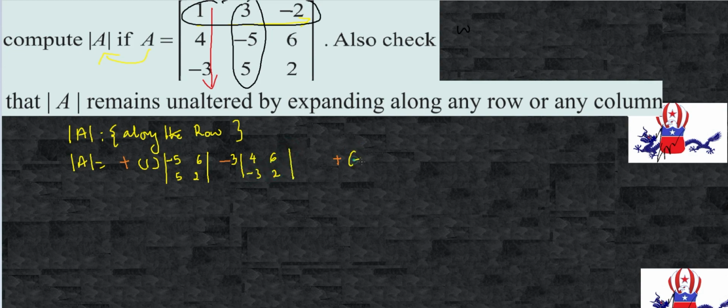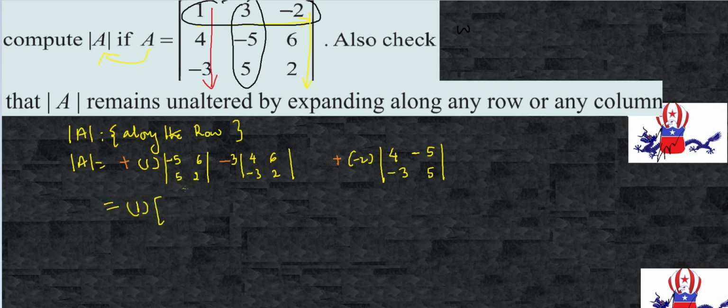The next element is negative 2. Leave all the elements that fall along its column and its row. That would give us 4, negative 5, negative 3, and 5. This is expanding along the row, right?